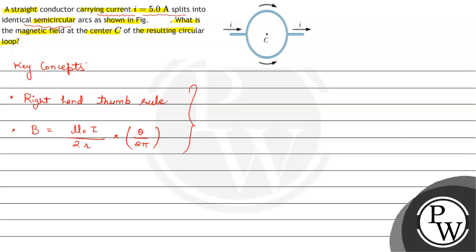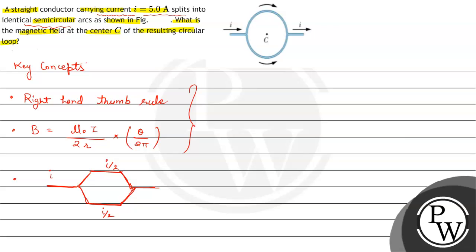So we can also revise another key concept from the current electricity chapter, that if we have a net current I coming from here, and if we divide it into two parts which have the same resistance, then the current in each arc is I by 2 and I by 2. Hence, current is equally distributed. And how can we find that it is the same resistance?